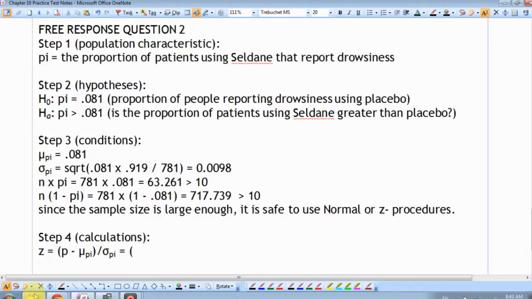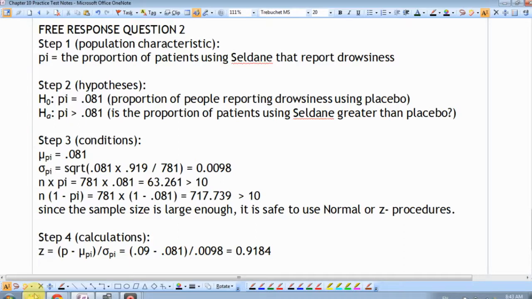P is 0.09, yeah, point 09, minus 0.081, divided by 0.0098.